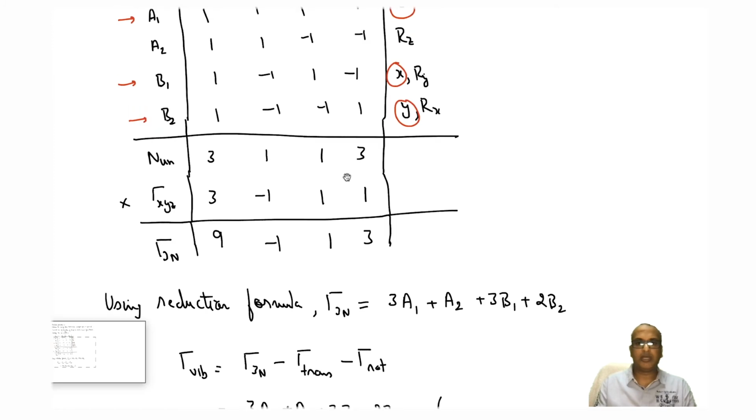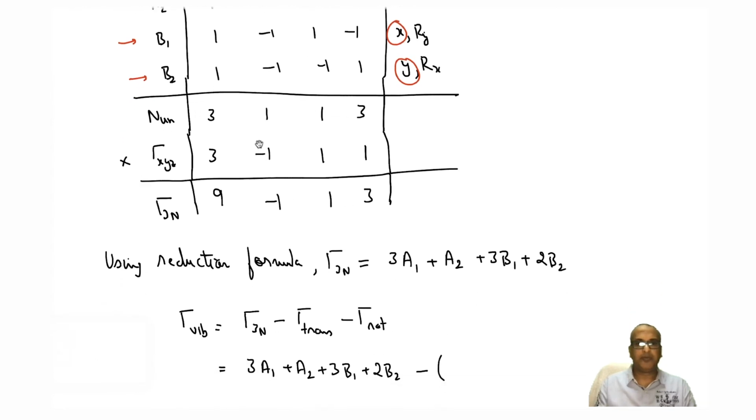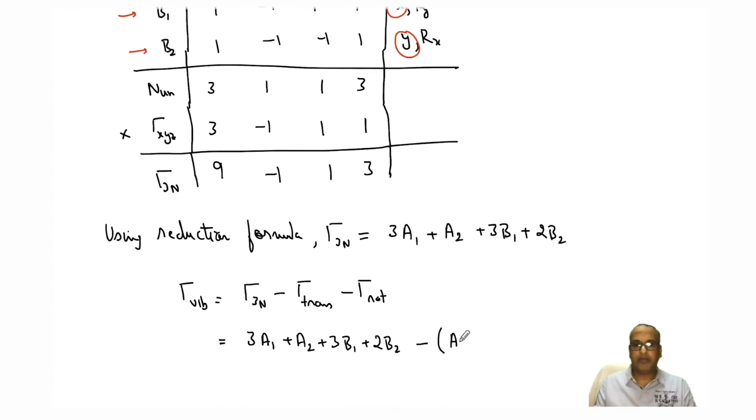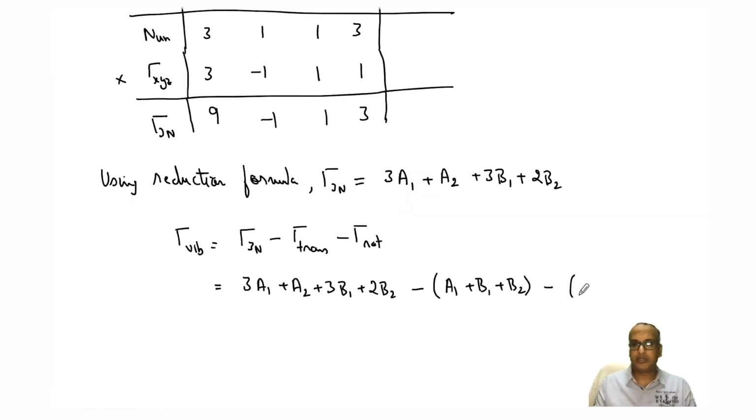Oh, sorry, tau translational. Translational is x, y, and z, so A1, B1, B2, right? And similarly rotational is for which Rx, Ry, Rz form the basis. So that will be A2, B1, B2.